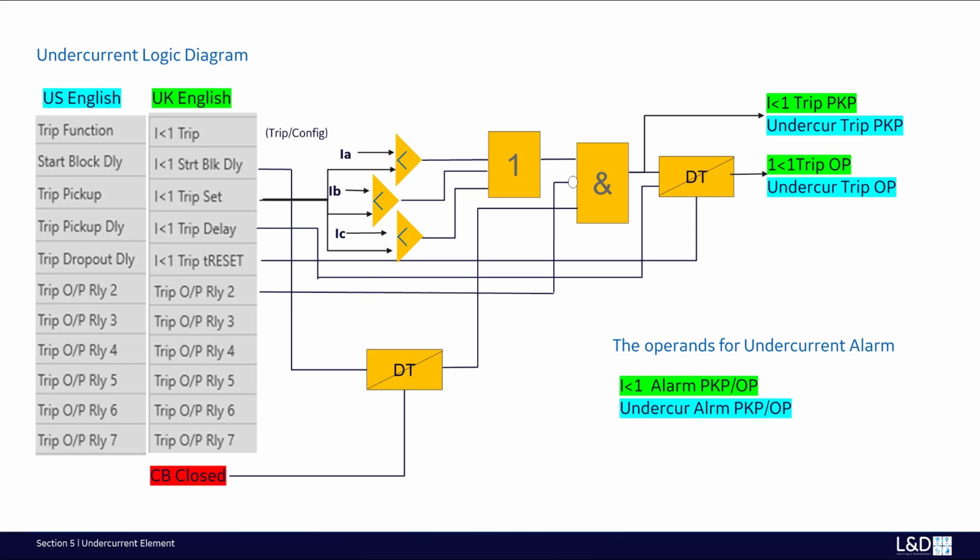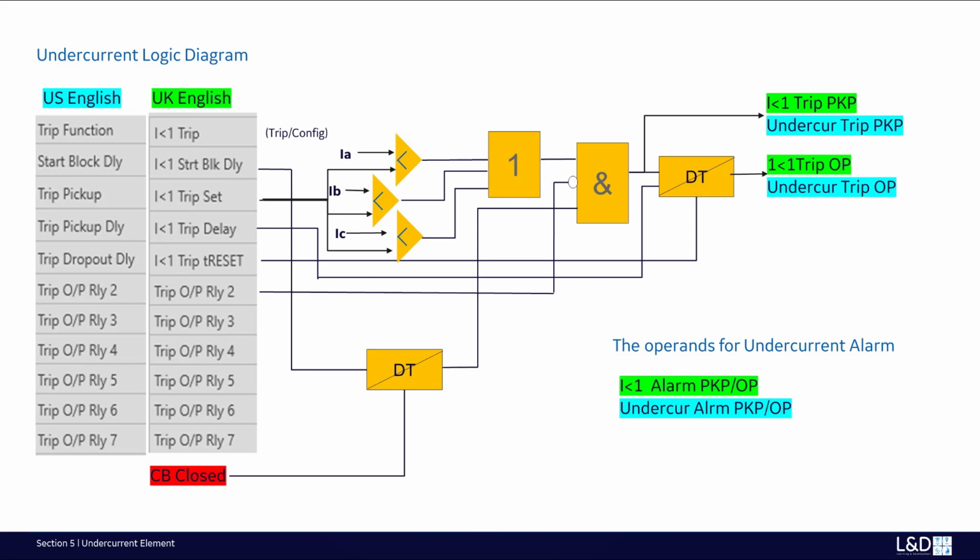The inputs are the 3 individual phase currents compared with this trip set, then passed through an OR gate to the next AND gate. The red-colored CB close is the status of the breaker. Undercurrent requires a breaker closed condition to activate this element.